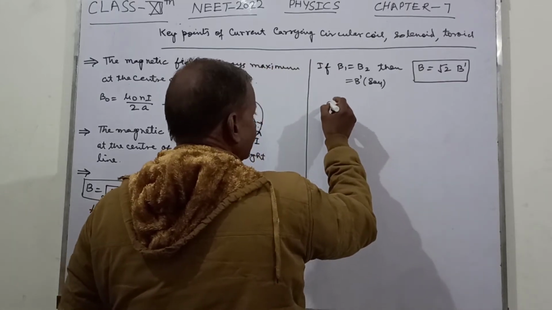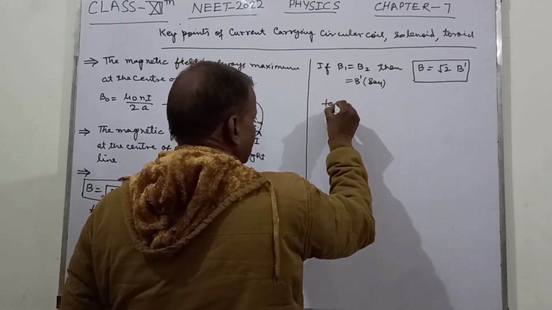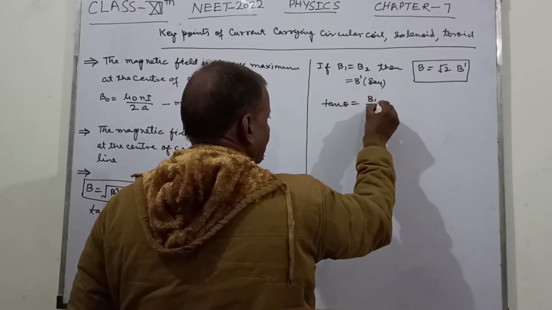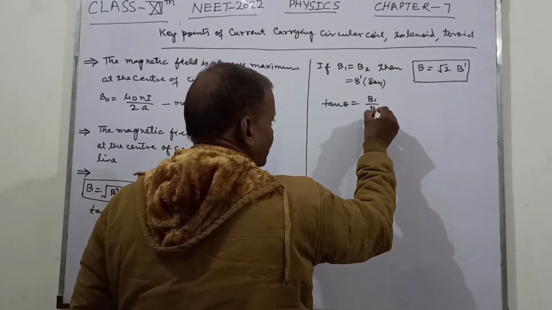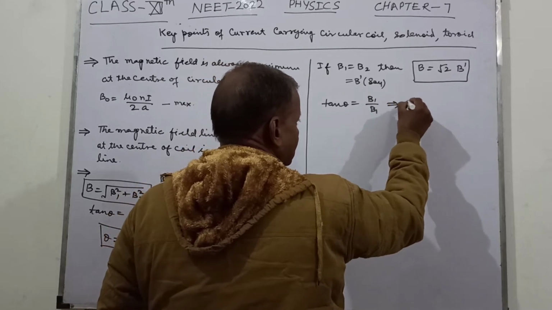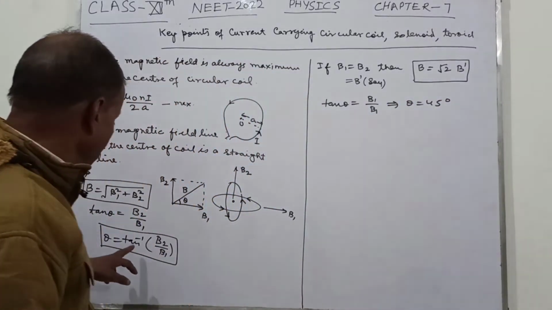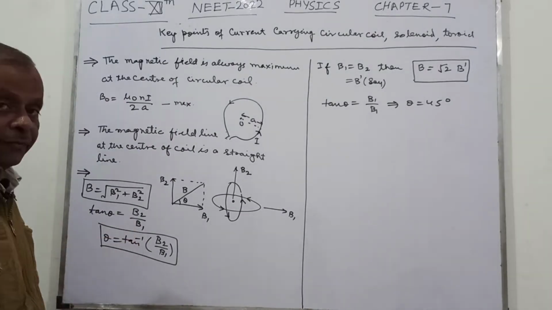And the angle: tan theta is equal to B1 upon B1, so theta equals 45 degrees, because both the values, B1 and B2, are equal.